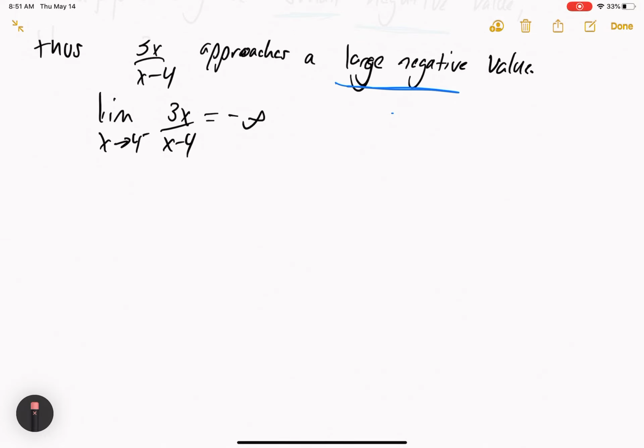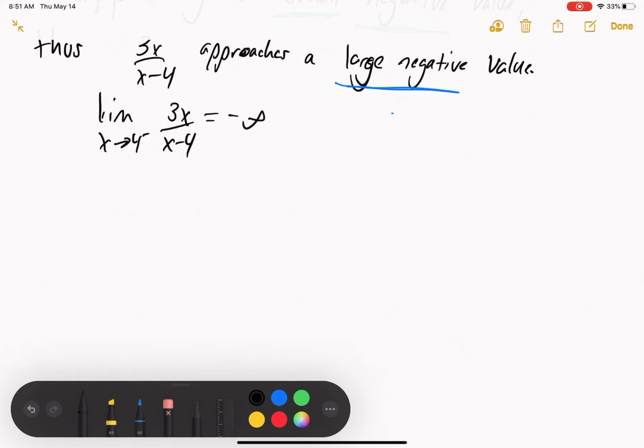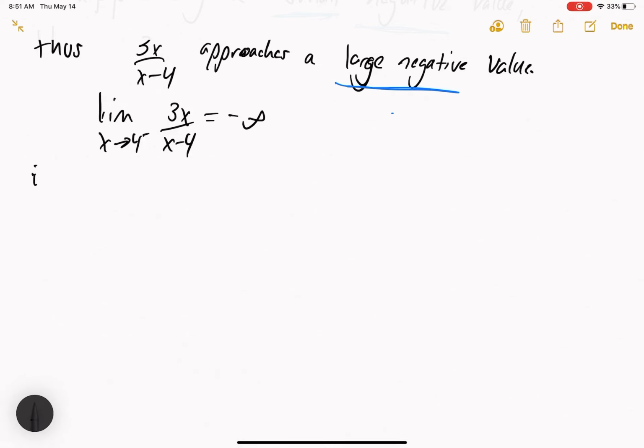Let's do the last part, part 2. In this case, let's do the limit as x approaches 4 from the right of 3x over x minus 4.